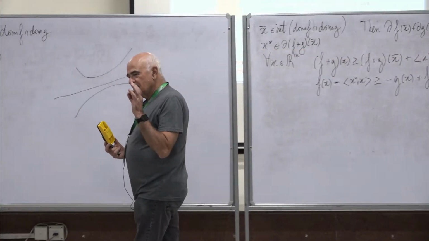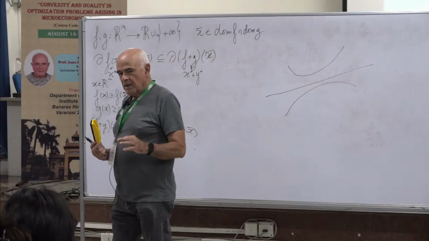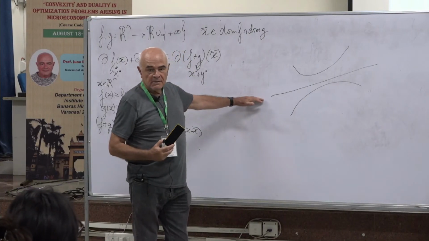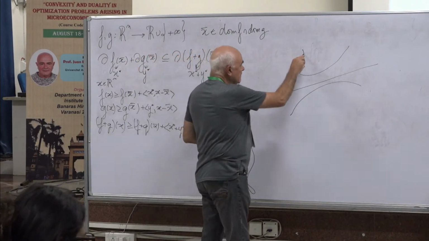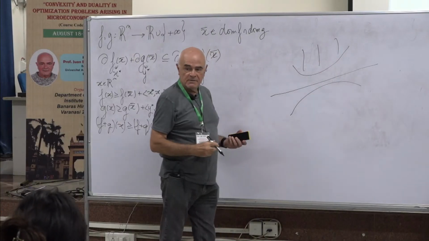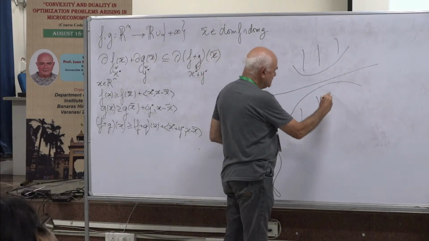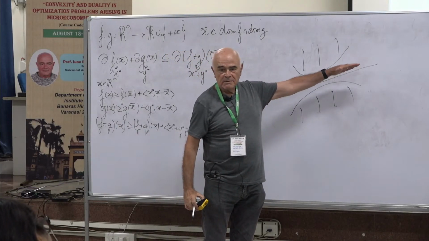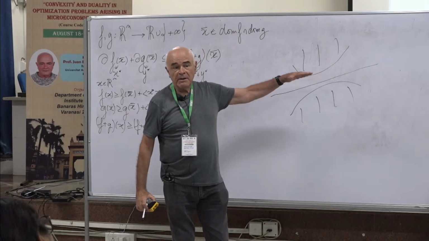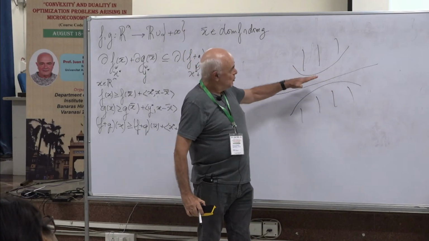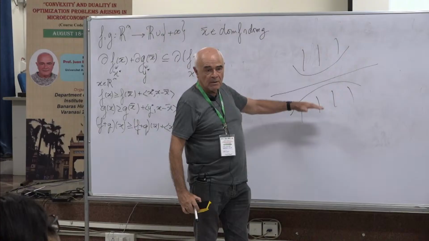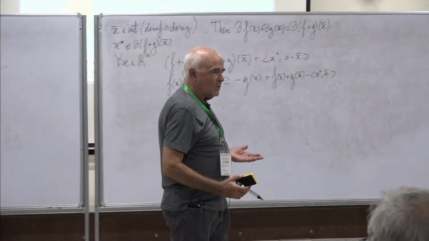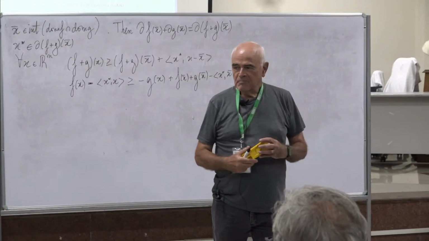But after giving the correct assumption, it will be true, and this is obtained by separating the epigraph from the hypograph. You find a separating hyperplane, and this separating hyperplane defines an affine function which is below the convex function and above the concave function. This is almost always true, but not always.